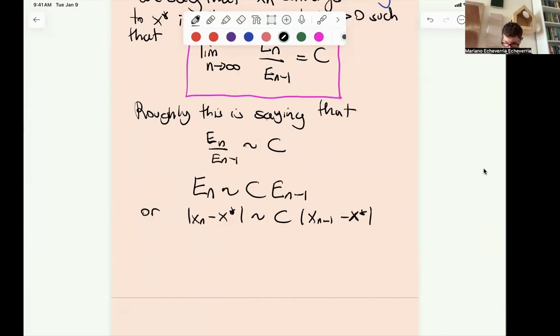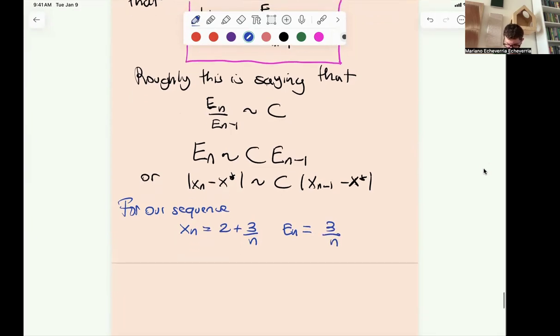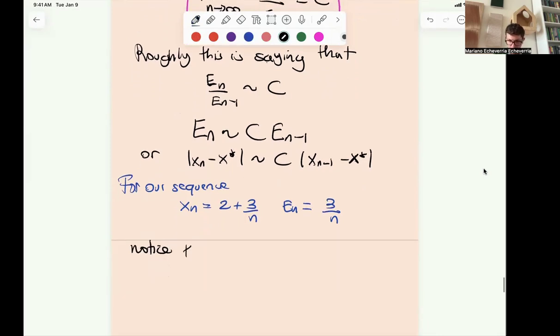So what is the limit of the errors in this case?